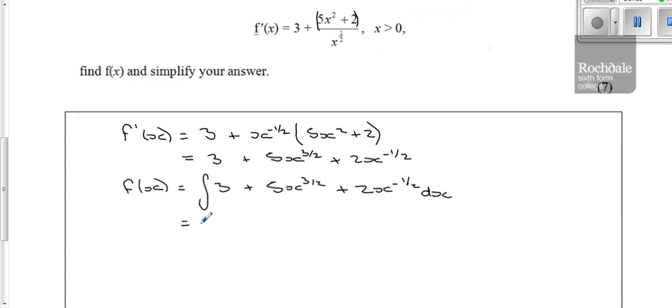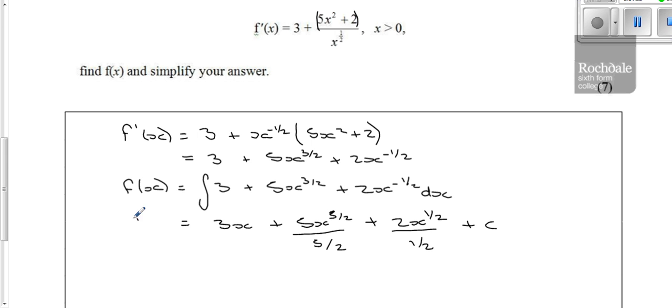So when we integrate this, we've got 3x plus 5x, add 1 to the power, that's the 5 over 2, divide by that power, 5 over 2, plus 2x to the power of a half, add 1 to the power, divide by that power. Do not forget to put your plus c on the end. Just make that clear, that's a 5. So that's what f of x is equal to.